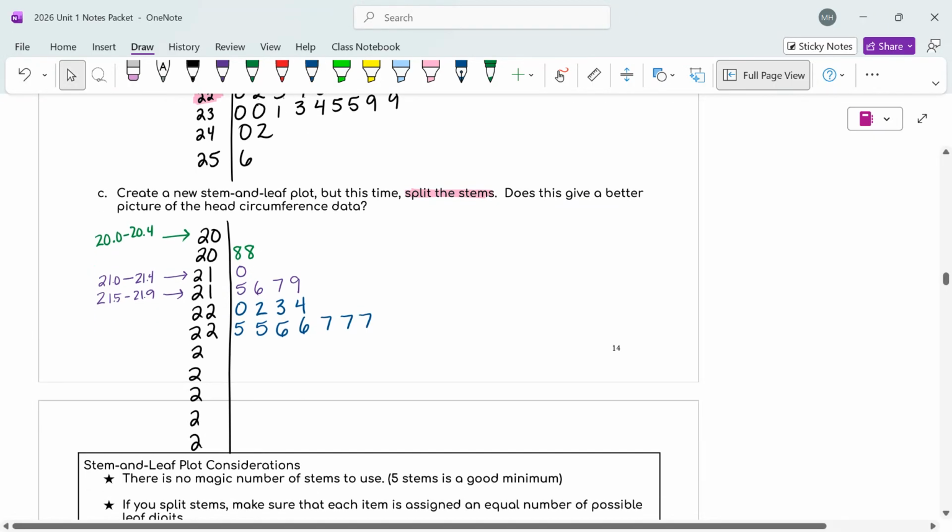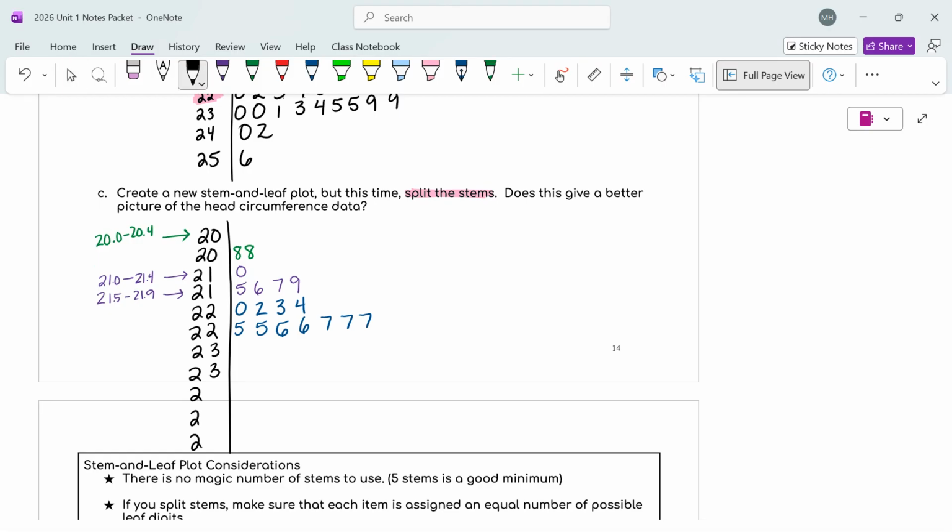For the 23 lines, there's a 23.0, there's two of those, a 23.1, a 23.3, and a 23.4, and then two 23.5s and two 23.9s.